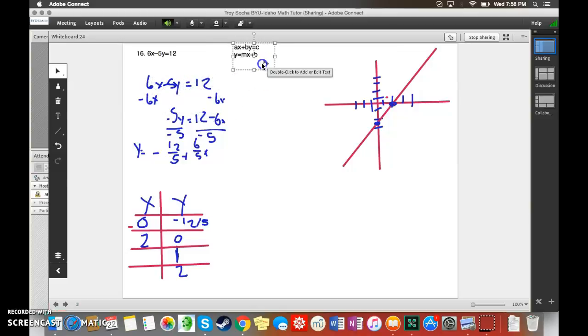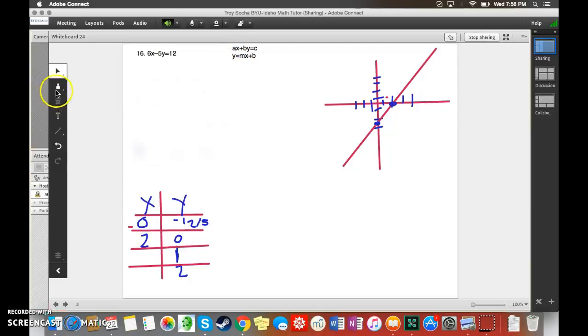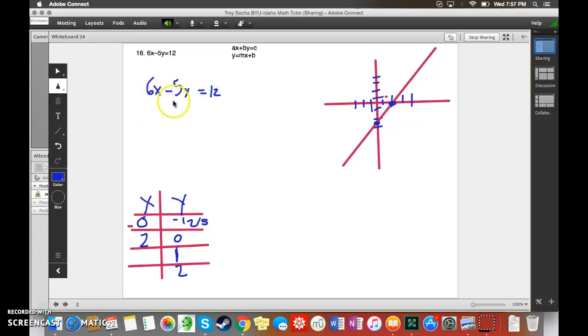So we're going to do it this way. We're going to solve for x this time. We're going to say that this is going to be plus 5y. And now that we have that, we have 6x equals 12 plus 5y.